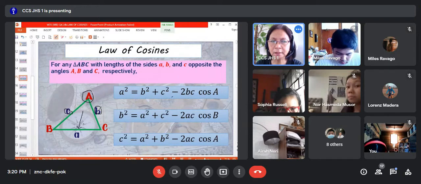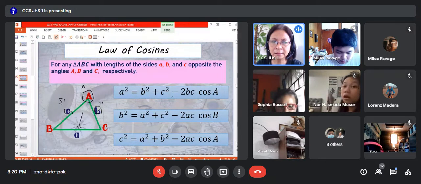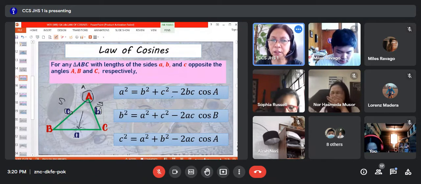In other words, the given must be side, angle, side, for you to be able to determine the third side.